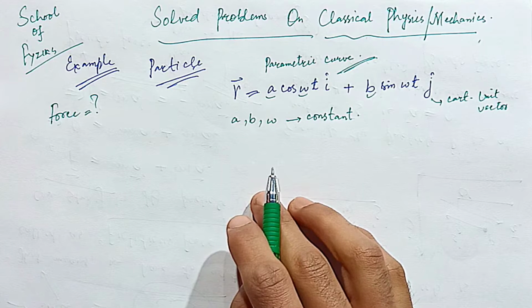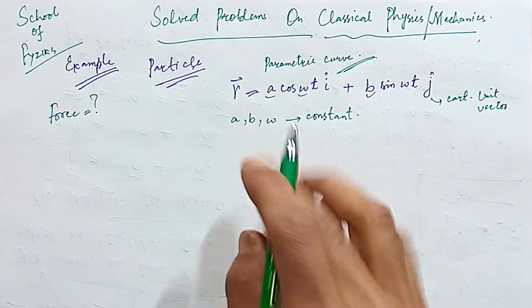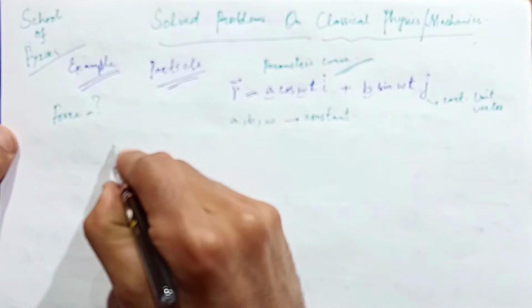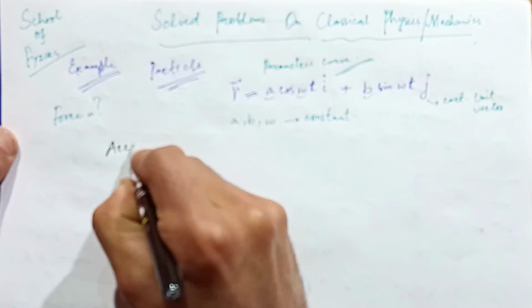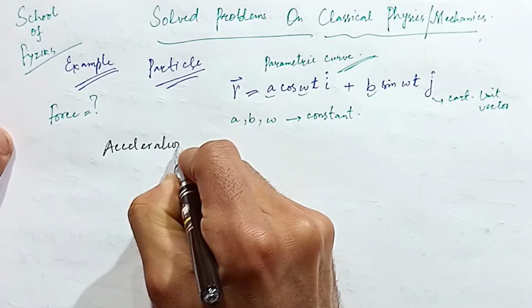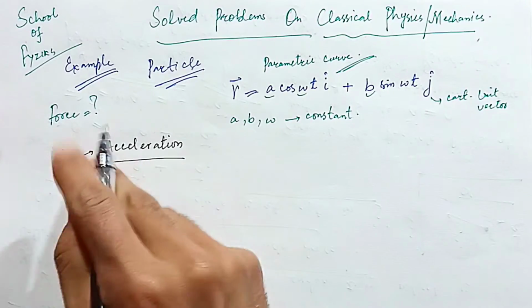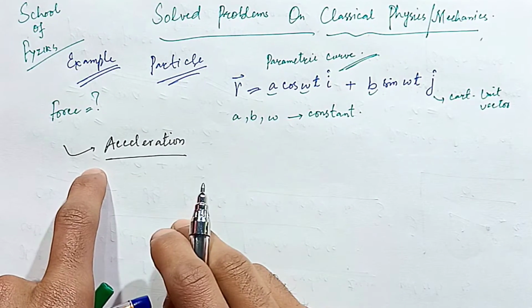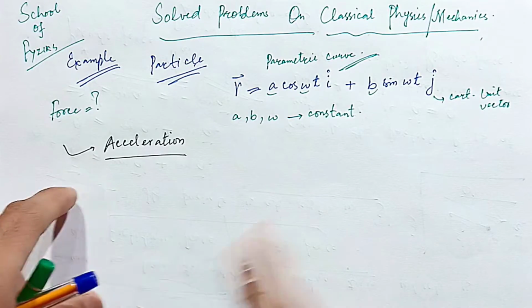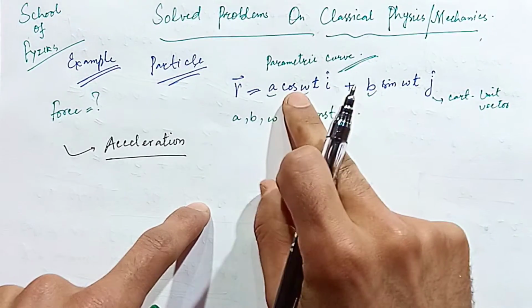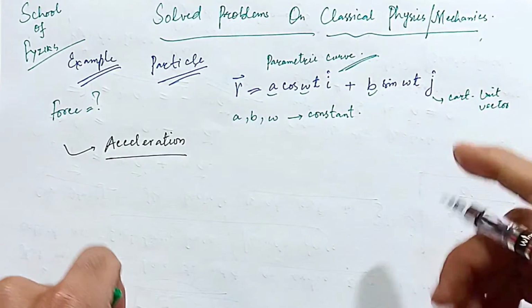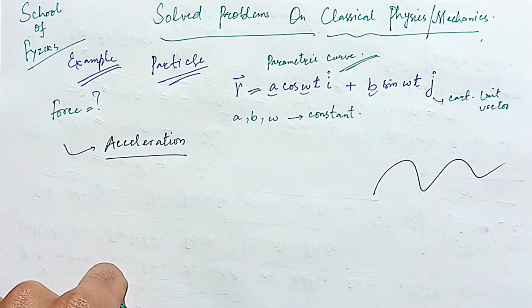So first of all, we will get the force by applying the second law of motion, but for that we have to calculate the acceleration, because then, upon applying the second law of motion, we can deduce the force acting on this body. Since this is a cosine and a sine term, the parametric curve will be something like this.